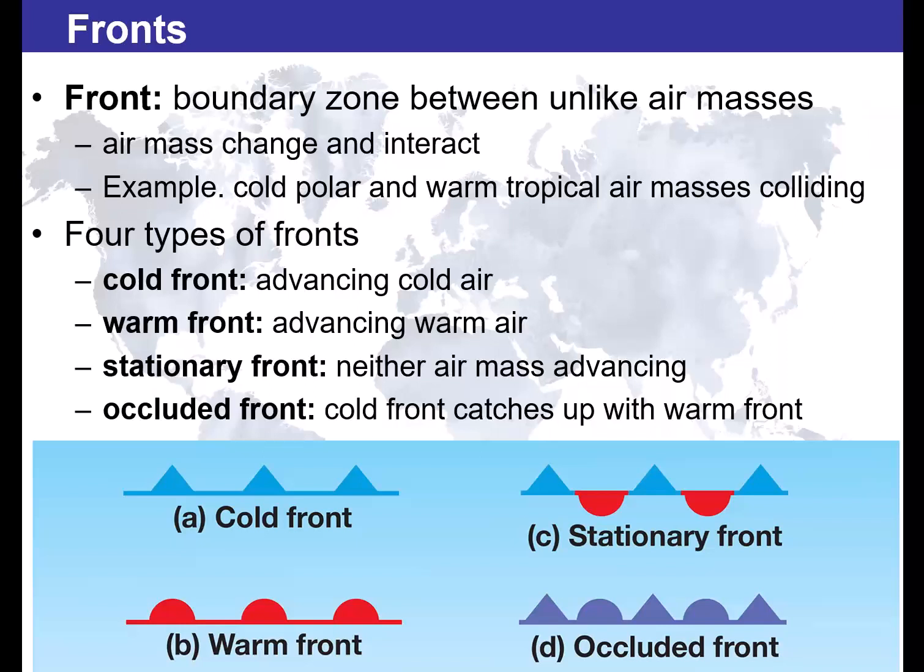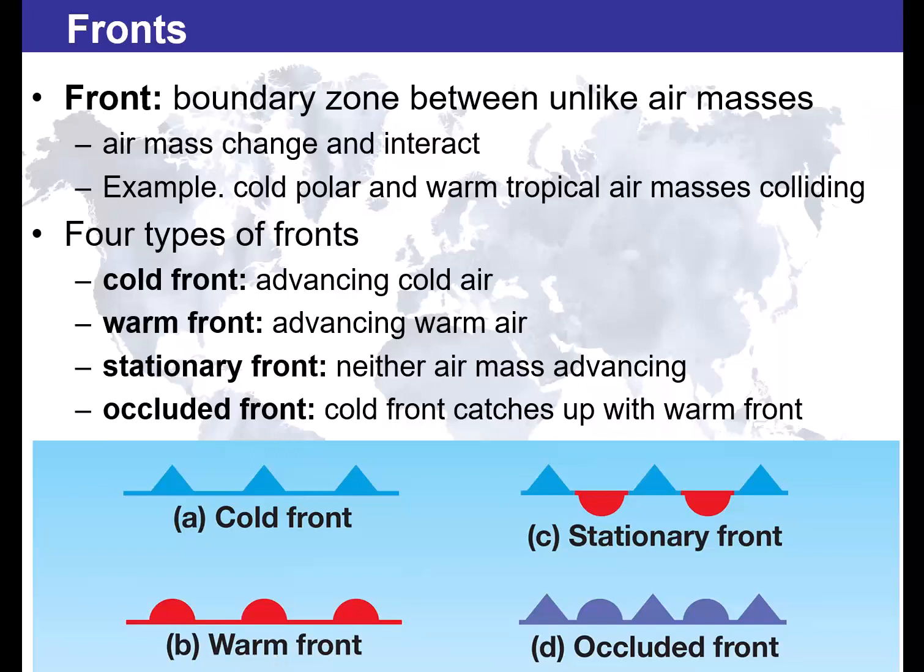There are four types of fronts that you'll need to become familiar with. We'll take a look at an image of this in a minute. But a cold front and a warm front are the main ones we'll be looking at, as these are the advancing fronts. This is advancing cold air or advancing warm air. What I really need you to pay attention to is how these different fronts are designated on a map.